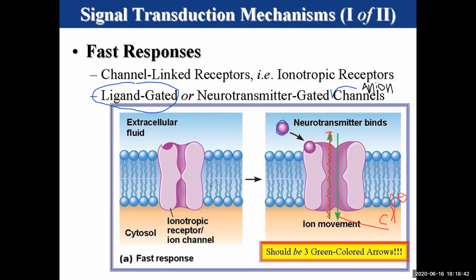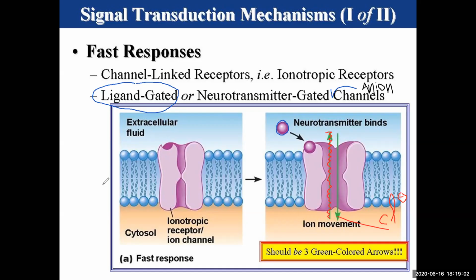Now we also have leak channels, right? Or another type of channel that also fluxes only, for example, potassium. There's a type of channel that you're going to learn later this lecture that only fluxes potassium, meaning specifically allowing only potassium to leave.